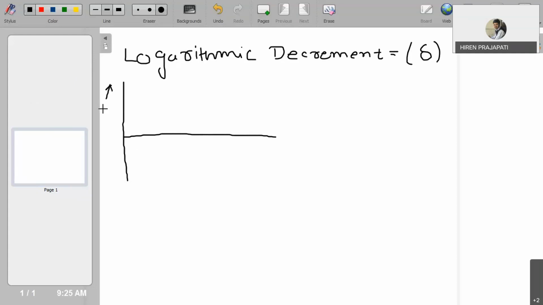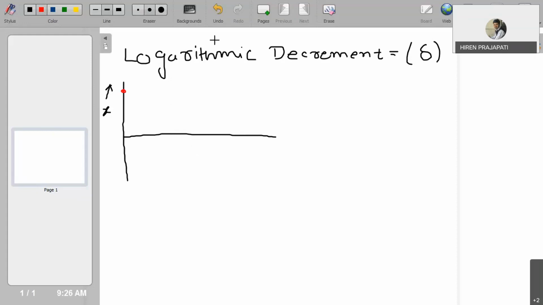So this axis is for x and this axis is for t. Now, I need to use this space, so let me remove it. This x-axis is indicating time, right? Now we are assuming that we have given some initial displacement to the mass, and then we are releasing it.